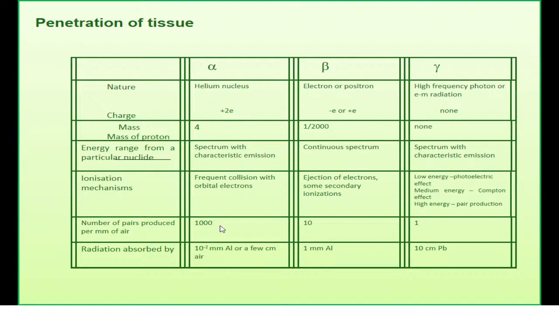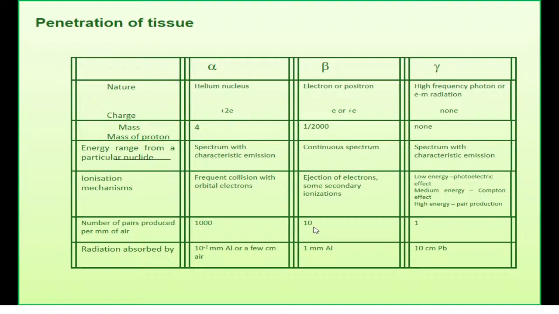It is a very heavy particle with respect to the beta particle, for example, and so, striking the atoms of the material it is crossing, the alpha particle produces many pairs of ions, 1000 in 1 millimeter of air layer, and 100 times fewer ion pairs are produced by the beta particles.